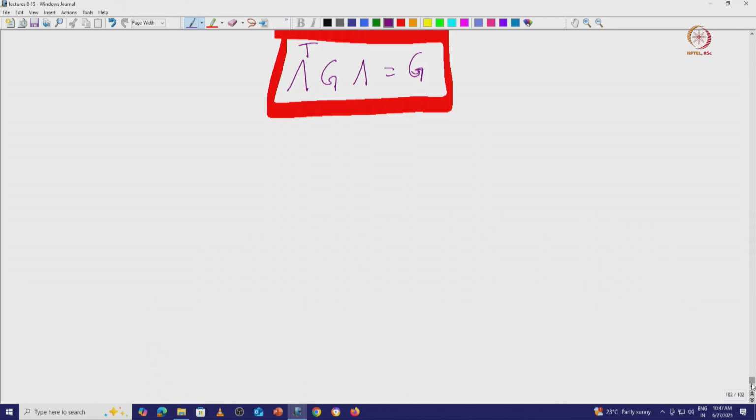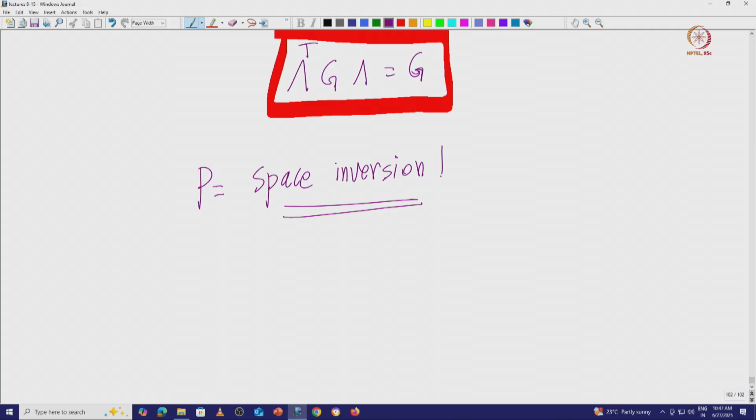So what is P? P is space inversion. We'll come back to it again and again when we do the Dirac equation. P is defined such that x goes to minus x in the space part.